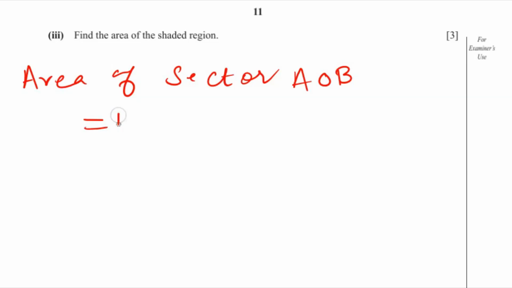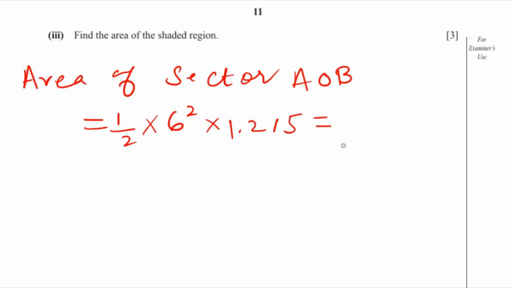What is the formula of the area of sector? 1 upon 2 into radius square into theta. The radius of the big sector is 6 square and theta, you know, is the same, that is 1.215.